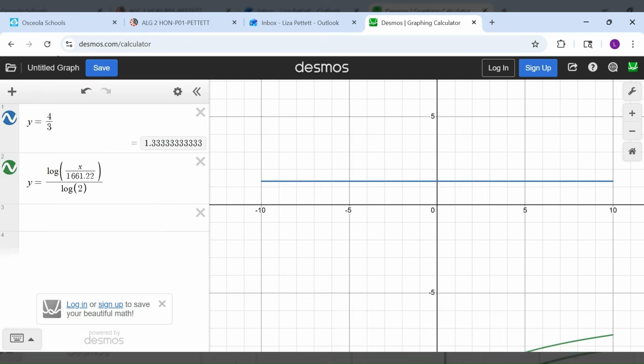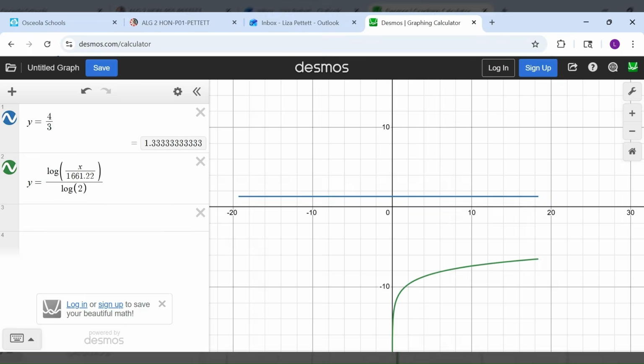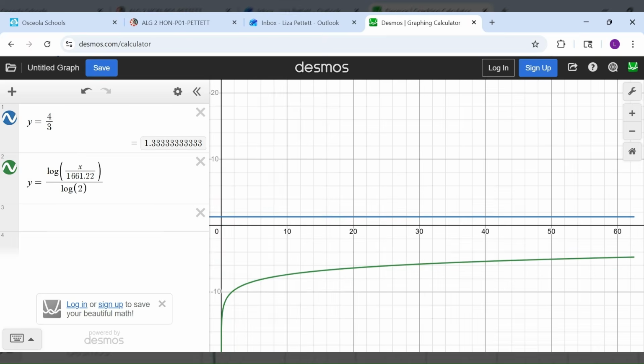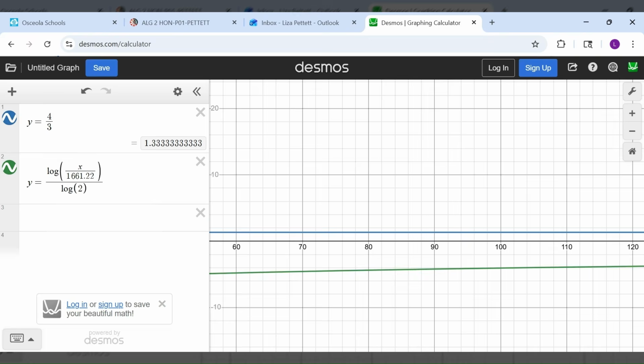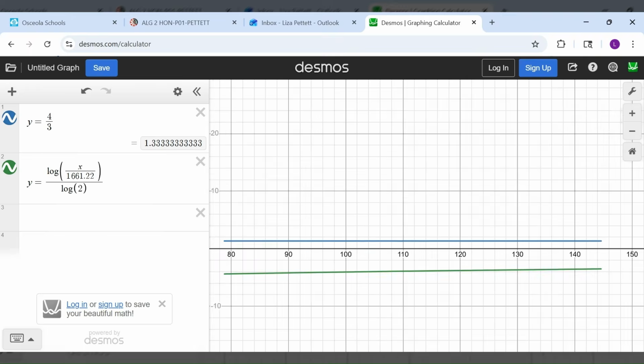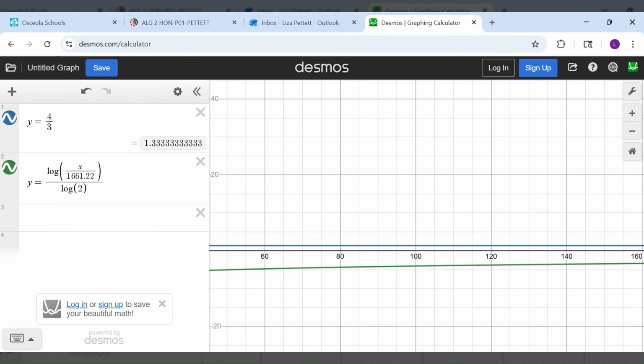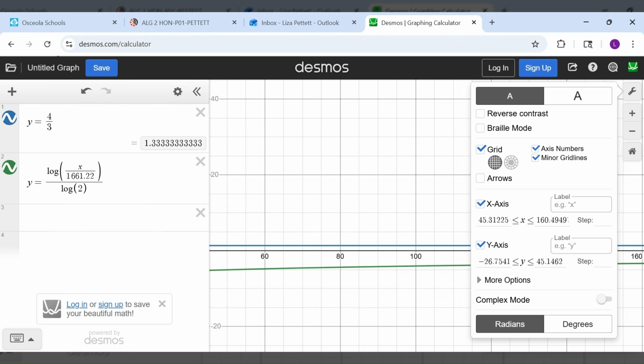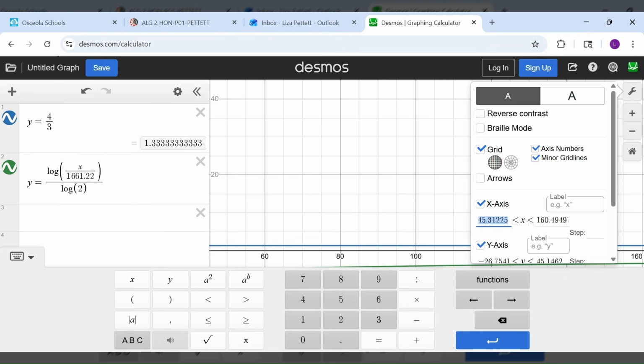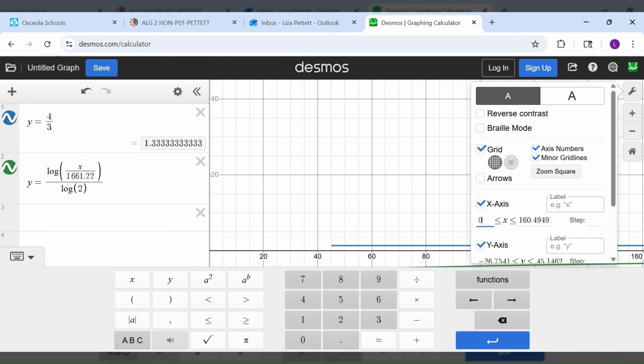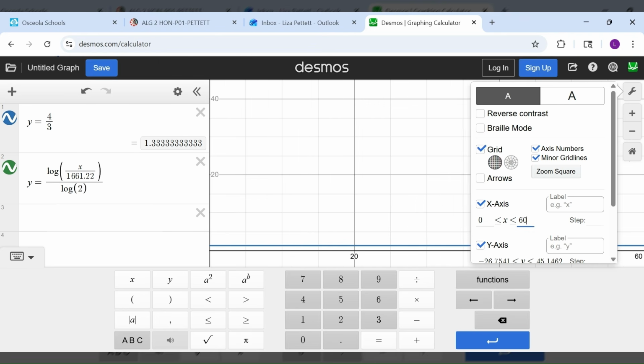I zoom out on my calculator, and I'm trying to find where it's going to finally hit its point of intersection. So I can do a wrench key, because I want to see how far out. On my x's, I'm going to say 0 to about 6,000, with a step of 1,000 so I can zoom in easier.